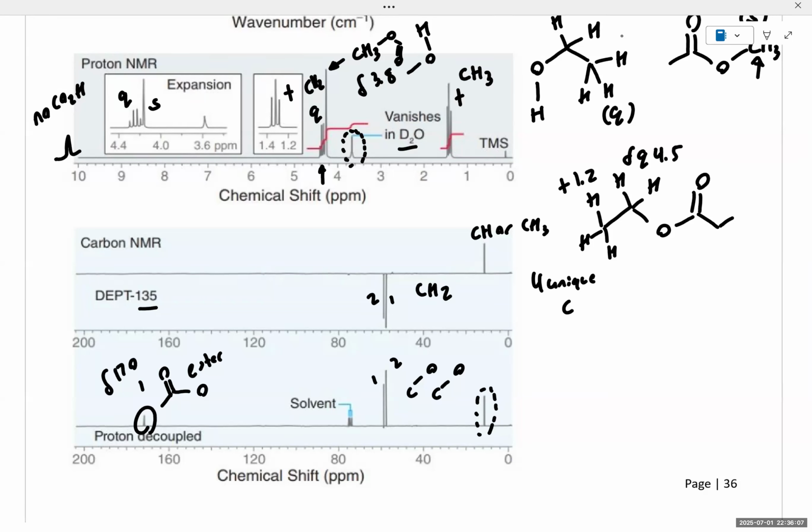From here, we have some sort of singlet, and then we have an alcohol peak. This singlet appears around 4.2, which matches a proton attached to a carbon attached to an oxygen.